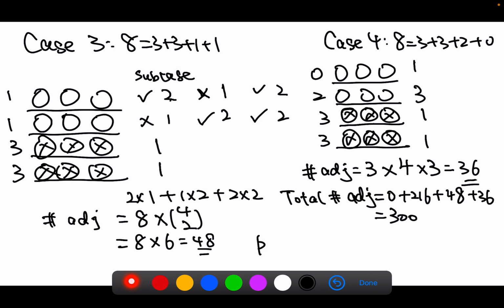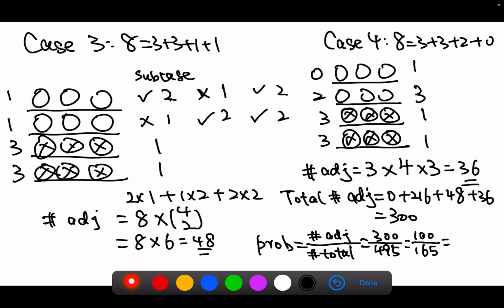So the probability is equal to the number of ADJ, the number of cases that work, divided by the number of total. So you just take 8 seats out of 12. This is equal to 300 divided by 495. Now you can cancel the number. You'll find this is equal to 100 divided by 165.